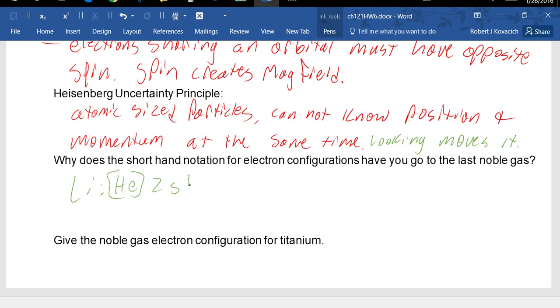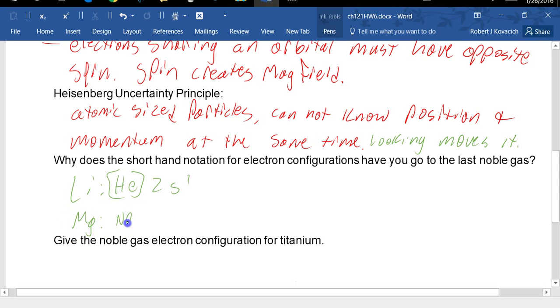If it's something like magnesium, how many electrons do we have? 12. The first 10 are neon's electron configuration, and then the next 2 are in the 3s2, and those 2 electrons are very reactive for magnesium.